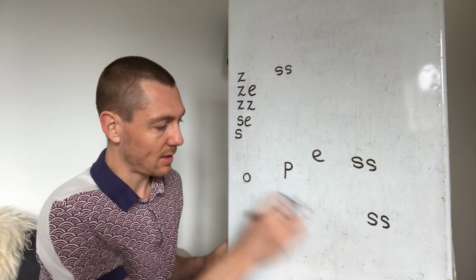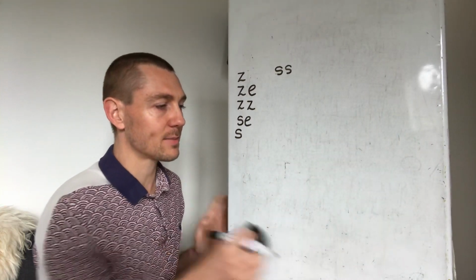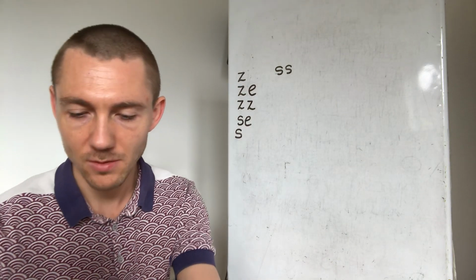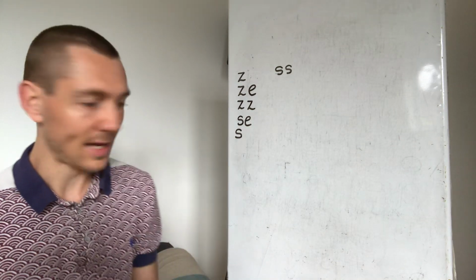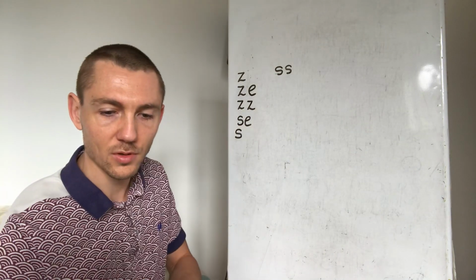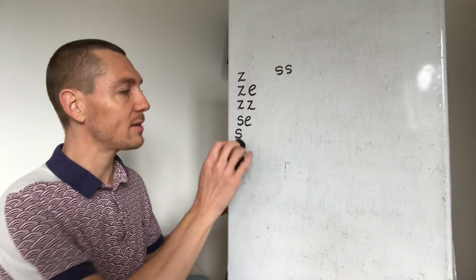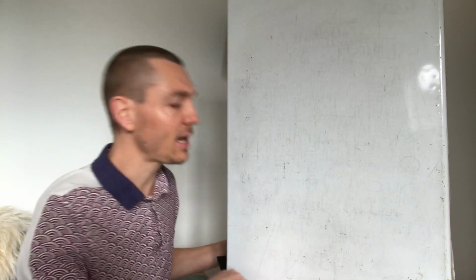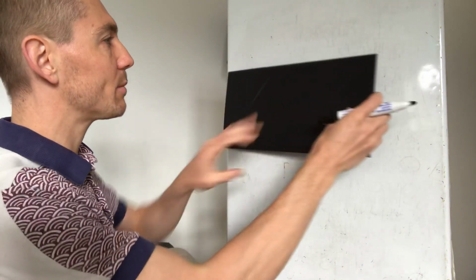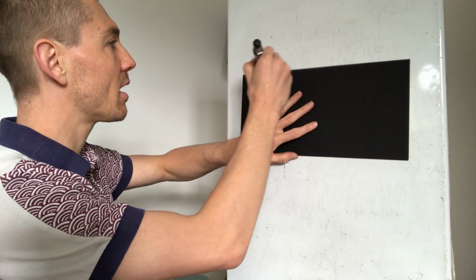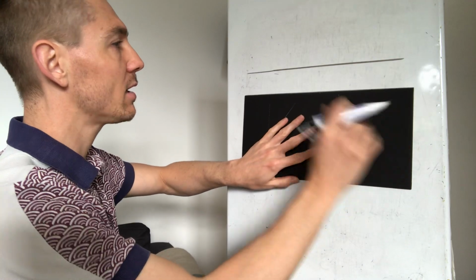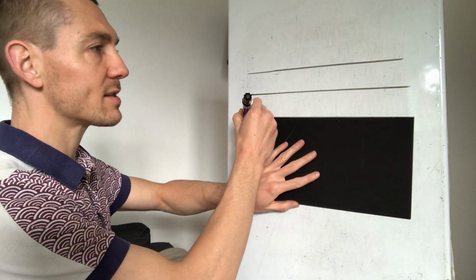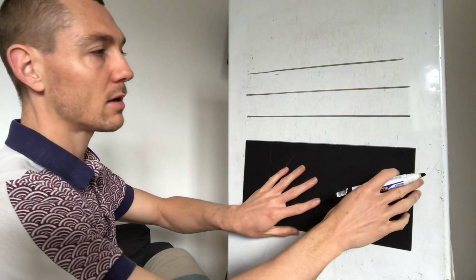Now, what I'd like you to do is we're going to move on from the z sound spellings and we're going to be sound sorting. So what you'll need is a table on your board or on your piece of paper, or any way you can have different sections, but you're going to need 5 sections, okay? So whether you have 5 lines like we've done before, or whether you have 5 boxes, up to you. I'm going to have 5 lines here, so I can organise my words according to their spelling of the sound k.